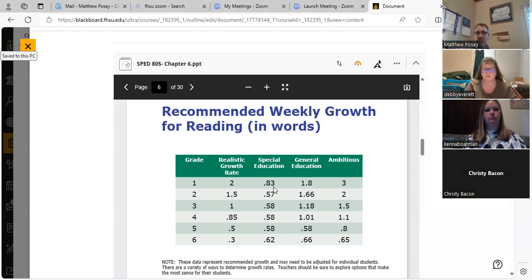And then what that realistic growth rate is if the student is classified special services, what they are in general education settings, and then if they're really ambitious students and doing well, what the recommended weekly growth is as far as number of words. Okay, so this is a resource you might want to go back and look at.